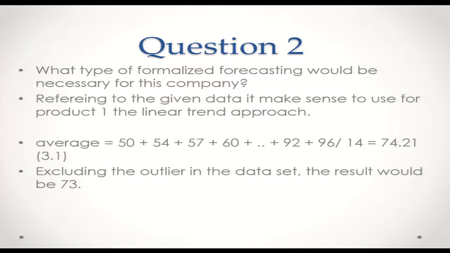Yeah, in question 2 we had to calculate the forecast for the next 4 weeks, and that was for 2 products. Referring to the data of product 1, we decided to use a linear trend because there was a trend in each week of 3 or 4.